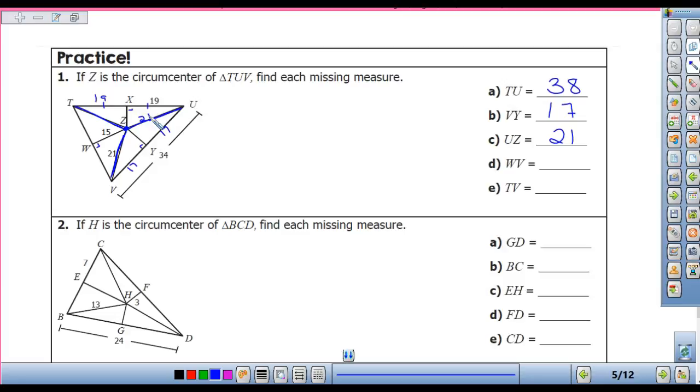Then it wants WV. How? Well, WV is over here, so we don't know if those are congruent to XU. We know that TW and WV will be congruent.